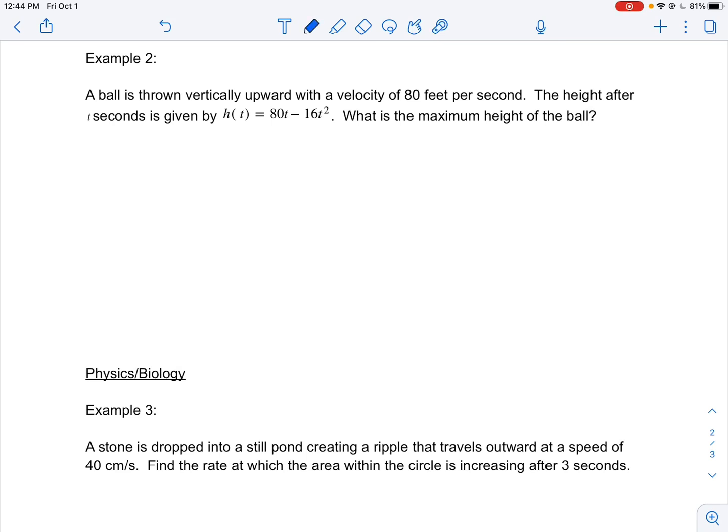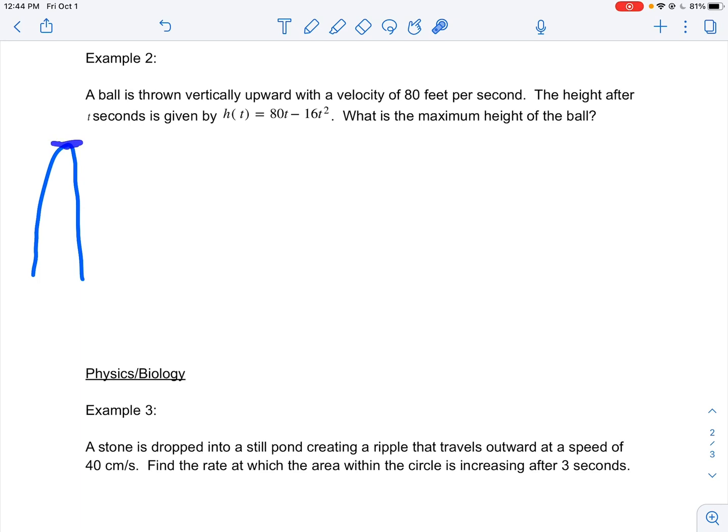So think about this. If I throw a ball up in the air, at some point, that ball gets to the highest point up here in midair, and for that split second it's at its highest point, it stops. It's not moving, and then all of a sudden it starts to come back down.